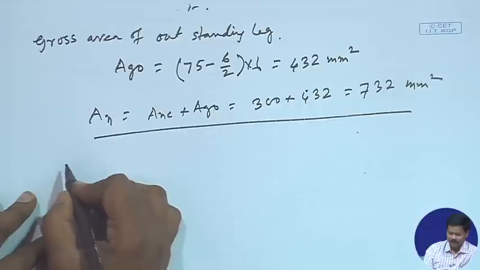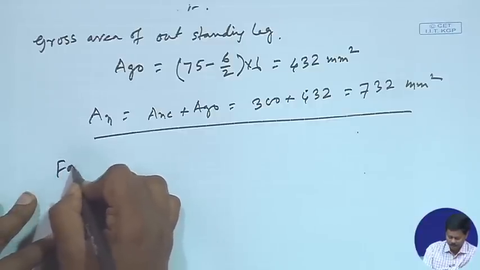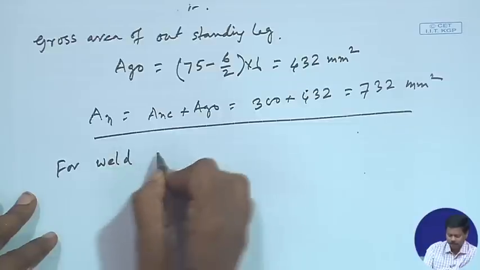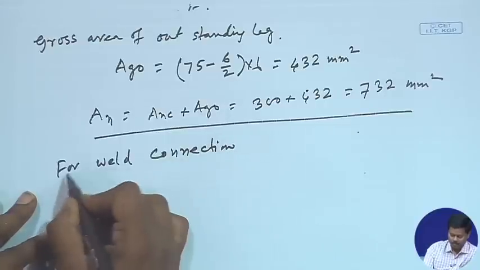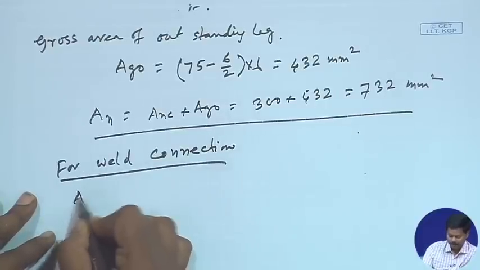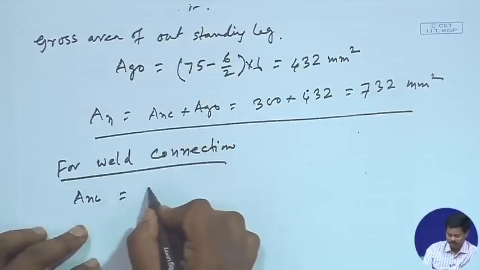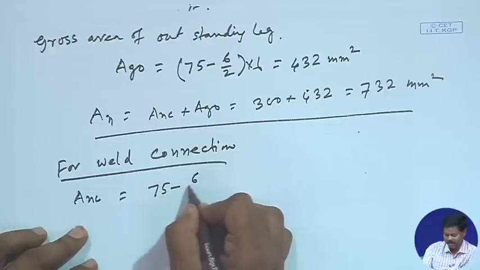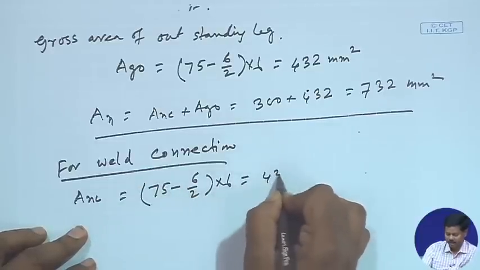So, for weld connection I can find the net area of the connected leg simply as 75 minus 6 by 2 into 6, that will be 432 millimeter square.